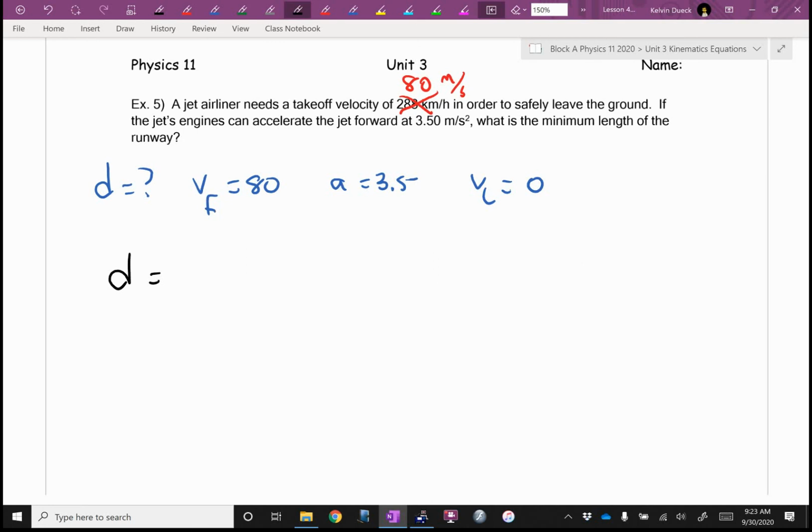Well, I thought you were saying VF squared, so I should be hearing some squareds and things in that equation. Should I not be? Get the D by itself, please. So we're looking at that as Owen, like the 4th equation. Yeah, they're not numbered, but that's the last equation there. Get the D by itself.